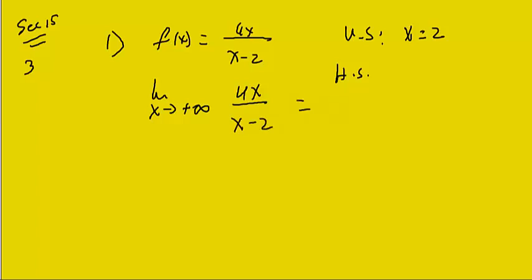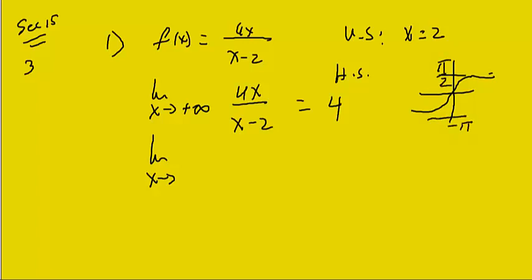What's the limit of that? You could have two different horizontal asymptotes. It doesn't mean you're going to have the same horizontal asymptotes. If you remember tan inverse, it looks like this, and that's pi over 2 when you go to the right, and negative pi over 2 when you go to the left.